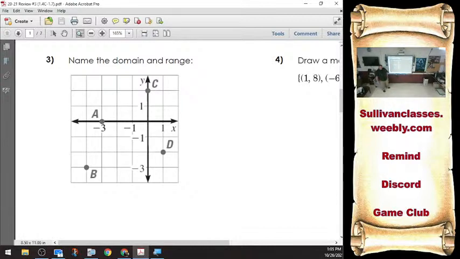Domain and range. Y'all remember what domain is? X's. So X's gets me my domain, and you said it, Y's are my range.